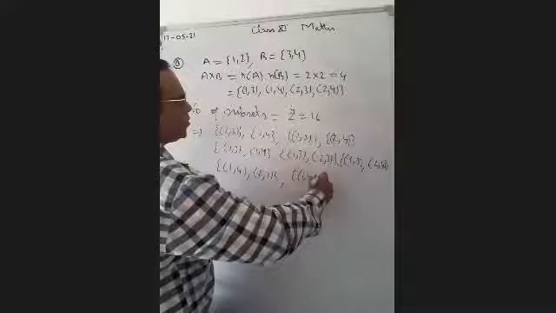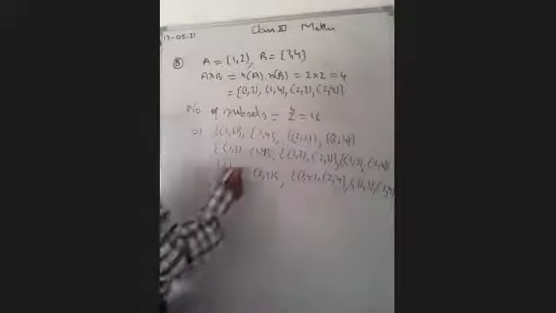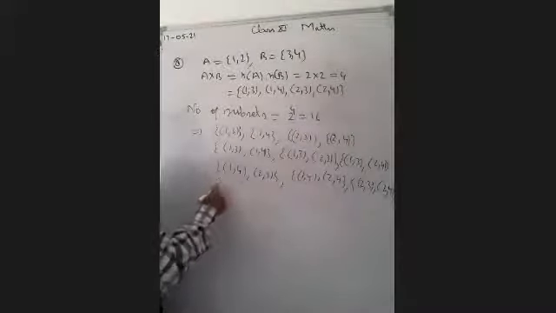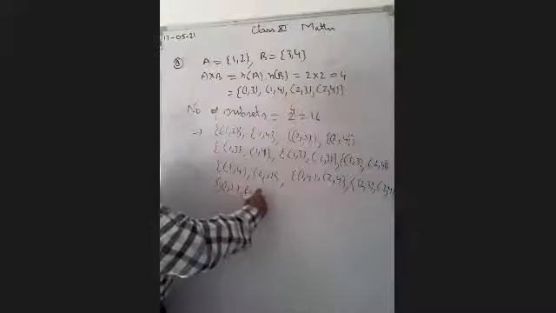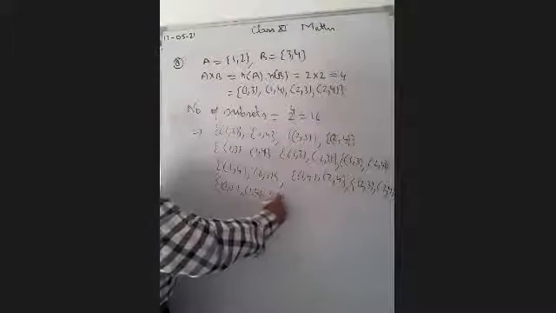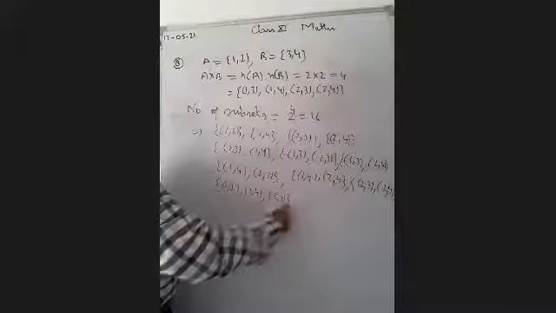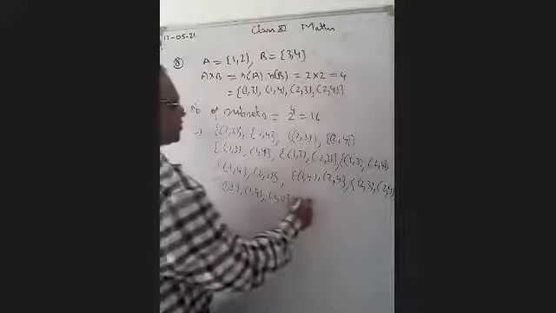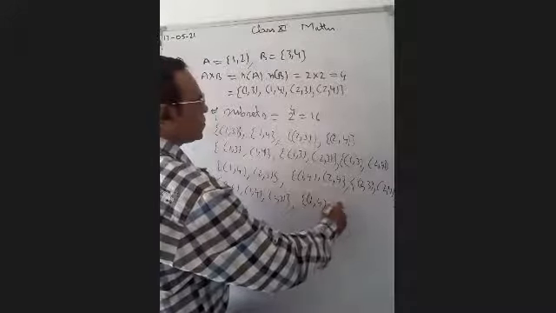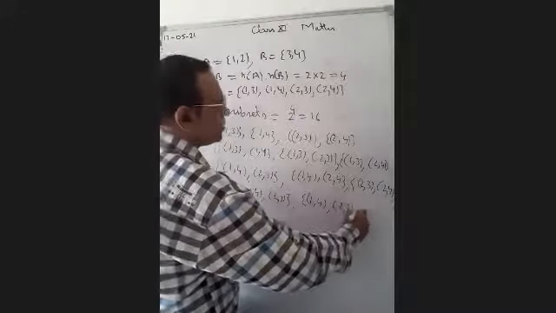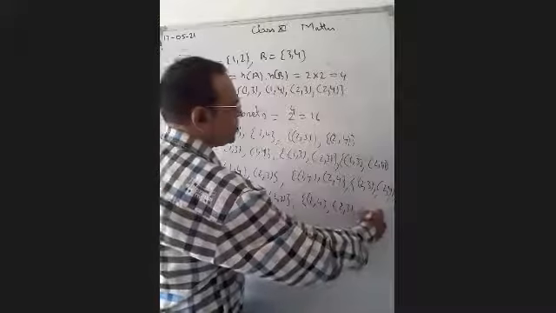Now you can make the sets taking 3 at a time. Taking 3 at a time, if we take (1,3), (1,4), (2,3). Now we can take (1,4), (2,3), (2,4).